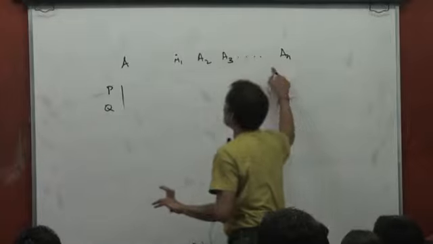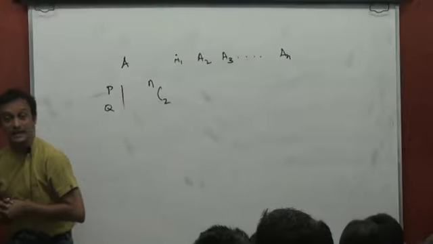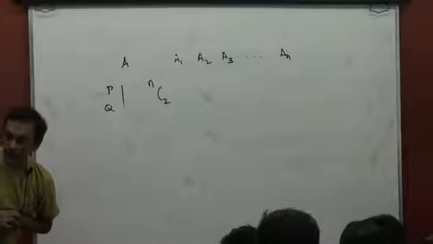So the number of ways in which 2 common elements could be selected is nC2. Yes or no? Number of ways in which common elements could be selected is nC2, clear?